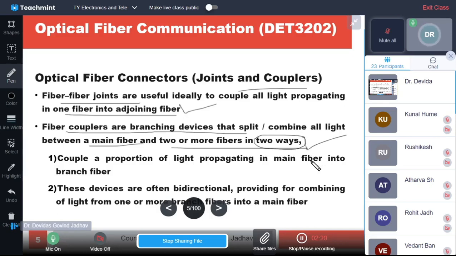That is, two different ways are there. One is to couple a proportion of light propagating in the main fiber into branch fibers, or the device is often bidirectional, providing combining of the light from one or more fibers into the main fiber. So combiners and splitters are there.